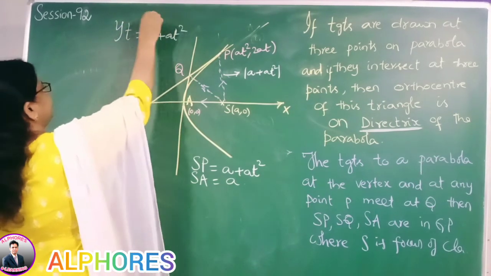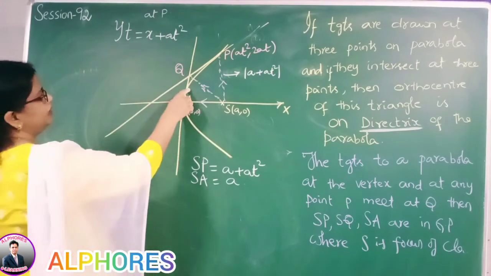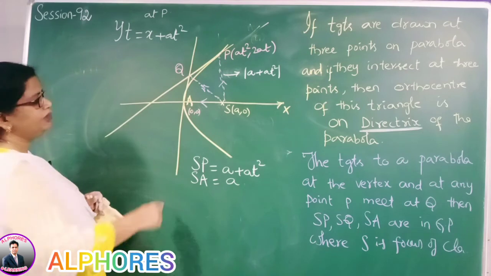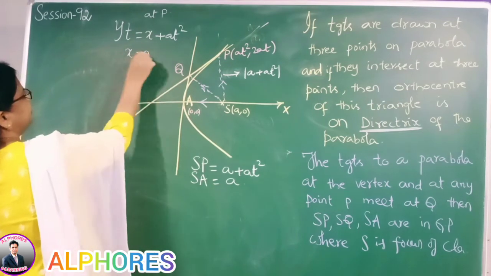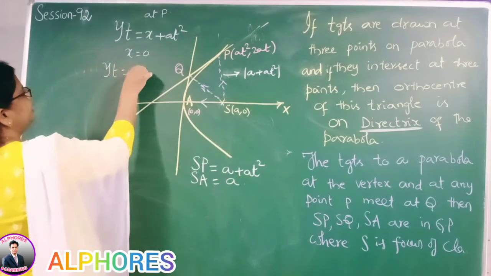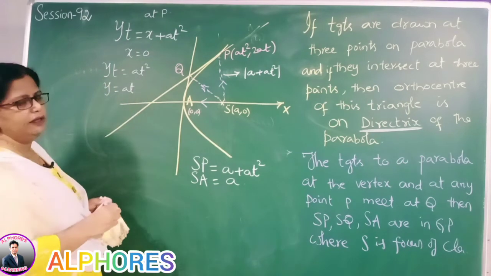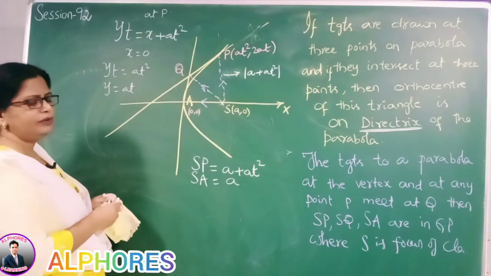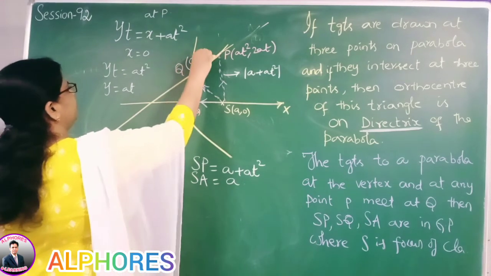This is the tangent at P. And now the tangent at the vertex, that is nothing but the y axis, so x is 0. Then yt equal to how much here? At square. That implies y equal to what here? At. Therefore what about the Q coordinates? The Q coordinates are nothing but (0, at).